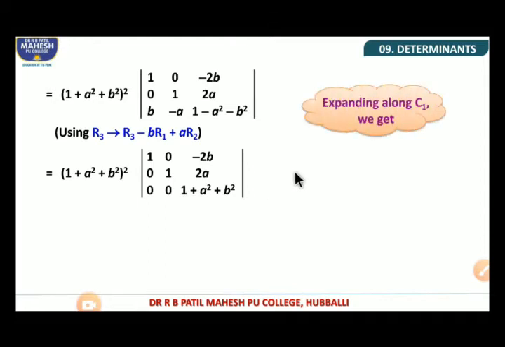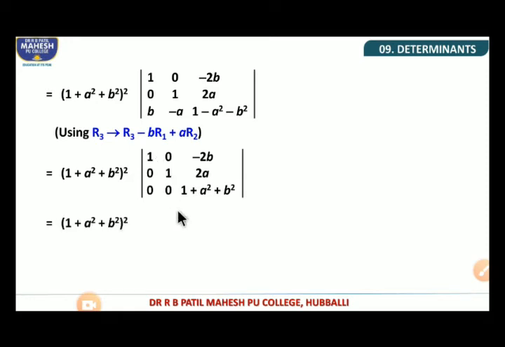Now we can expand along C1 because C1 has two zeros. So the signs are plus, minus, plus. For the first term we have the sign plus, so we can expand it. 1 plus a square plus b square, whole square, into 1 into the bracket of the remaining determinant value, is 1 into 1 plus a square plus b square minus 0 into 2 is 0.